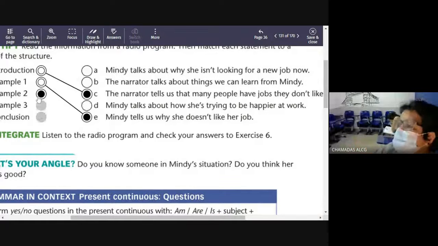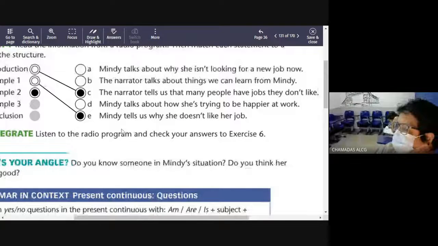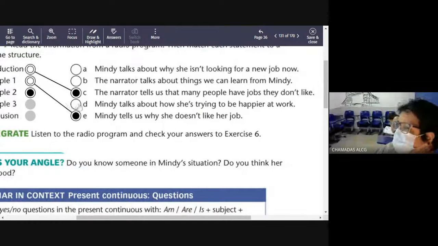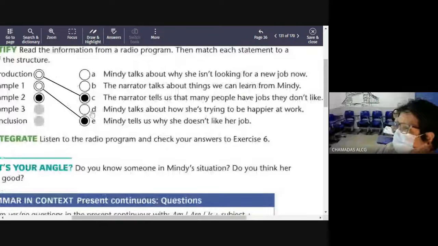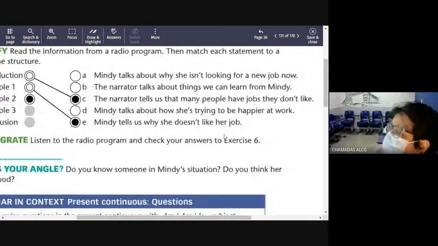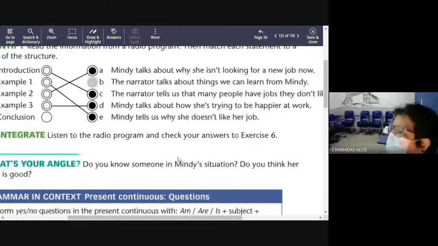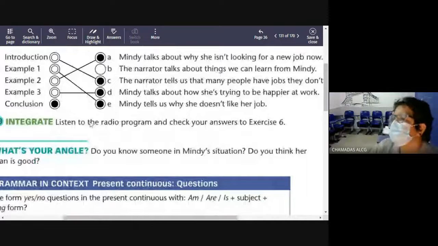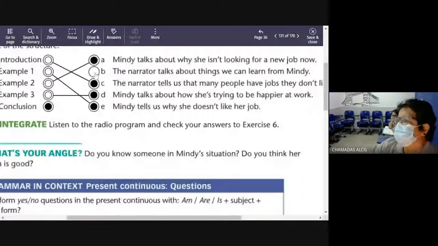Number two, what do you think? Letter A. Mindy talks about why she is not looking for a new job now. And then the example. Okay. You think 3 is letter D? Yeah. Okay. And what about the conclusion then? Letter B.